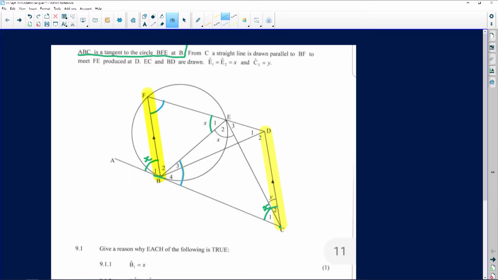Those lines are parallel and we have a transversal. We can also say more now. The angle at E1 is equal to the angle X, which is then equal to the angle C1, C2. So those three angles are indeed equal to one another.